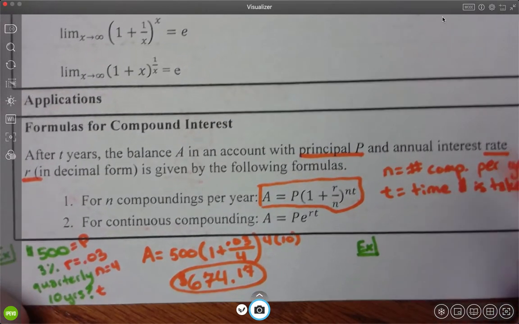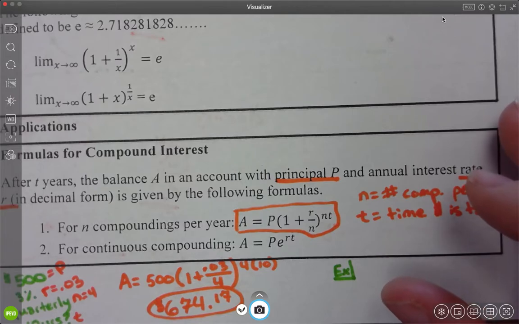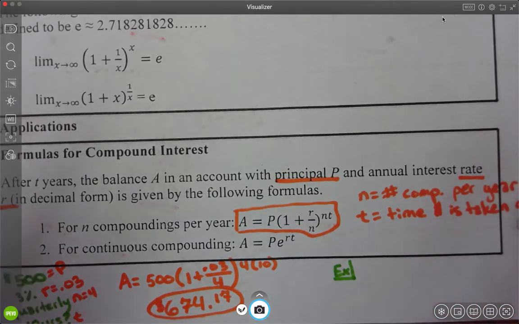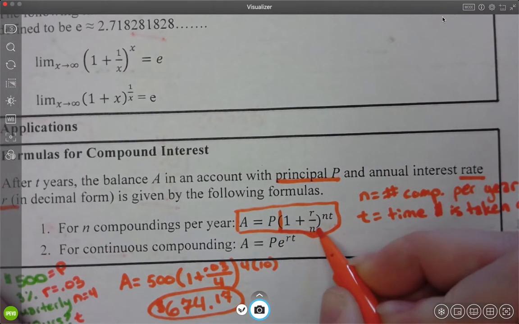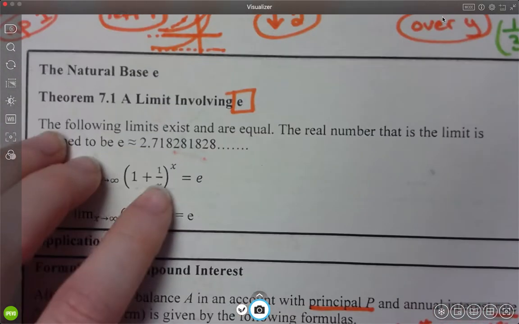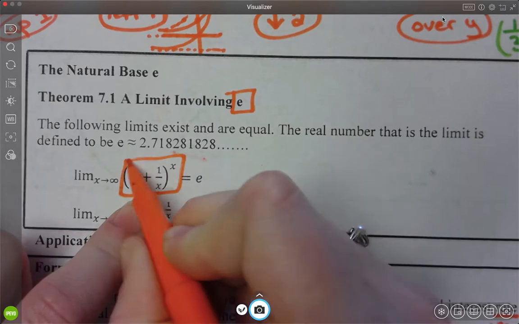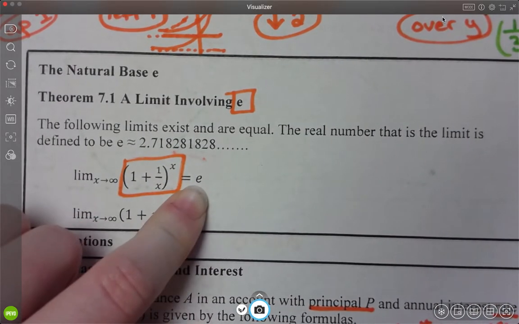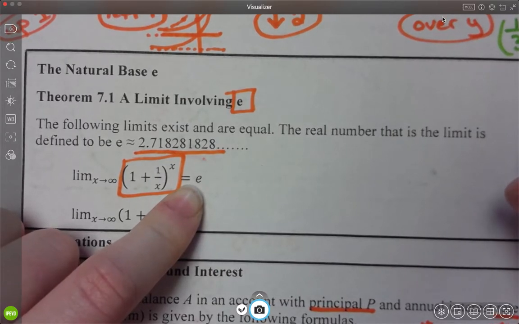So what they've figured out is that if I compound monthly versus quarterly, or daily versus monthly, or hourly versus daily, this part right in here, the 1 plus R over N, the more times you do it, so maybe I'm doing it an infinite number of times in a year, like per second or per millisecond, this part right here actually ends up approaching the value of E, which is 2.7182818, blah, blah, blah, that big long decimal number.